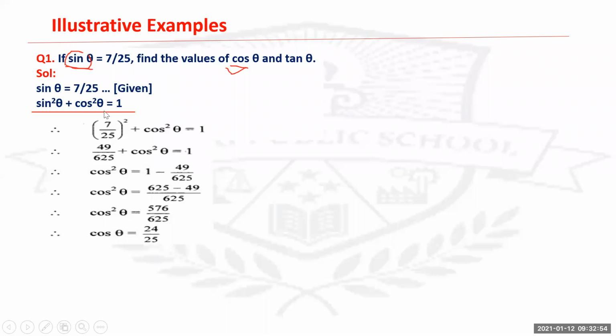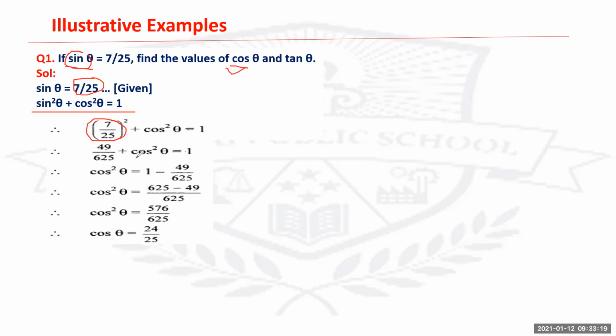Now, what you have to do is just substitute the value. Sine theta is 7 upon 25, so in case of sine square theta, you substitute 7 upon 25, the whole square, plus cos square theta equals 1. Square of 7 is 49, so you get 49 upon 625 plus cos square theta equals 1.